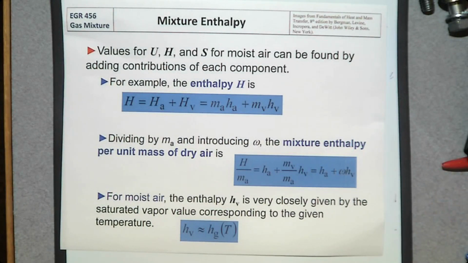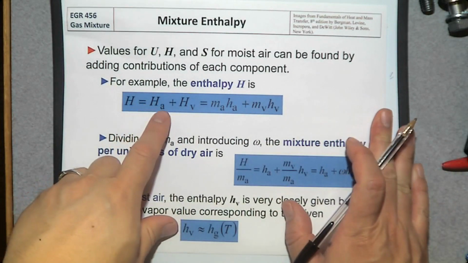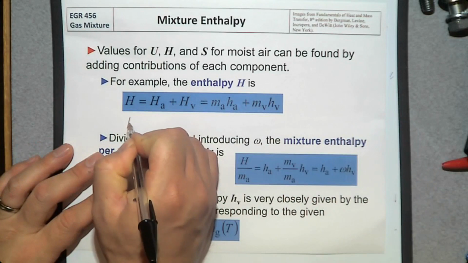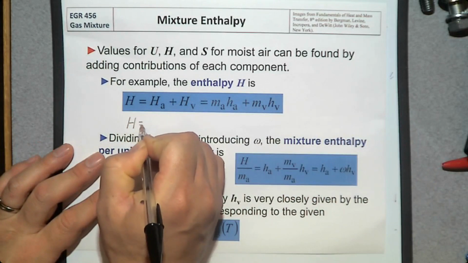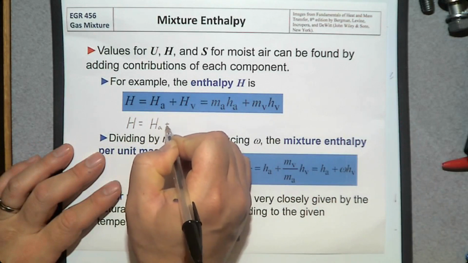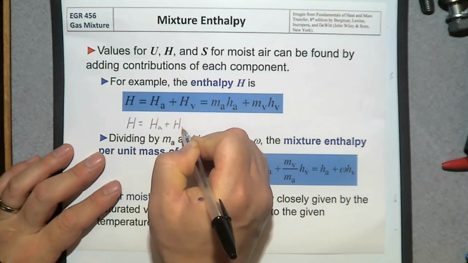The way to determine the mixture enthalpy, which is the total enthalpy, is the enthalpy of dry air plus the enthalpy of water vapor. So the total enthalpy H can be determined by the enthalpy of dry air plus the enthalpy of water vapor.